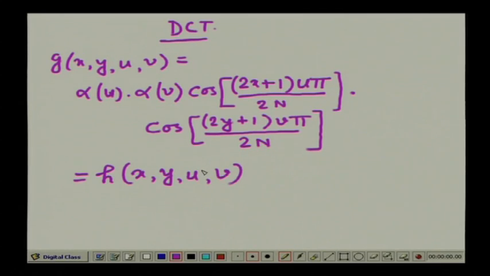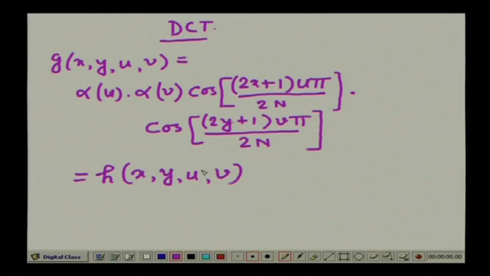So, you find that in case of discrete cosine transformation, both the forward transformation kernel and also the inverse transformation kernel are identical.